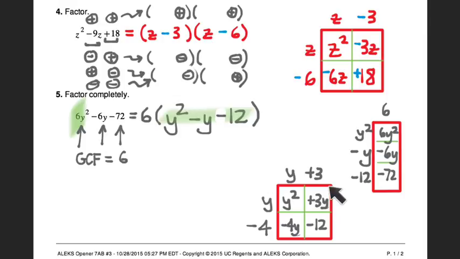Because now, positive 3 times negative 4 gives me negative 12. And positive 3 plus negative 4 gives me negative 1, which is exactly the middle coefficient that I wanted. And so, we know now that y squared minus y minus 12 factors into what? y minus 4 from the first column there, y plus 3 from the second. And there, that is a complete factorization.